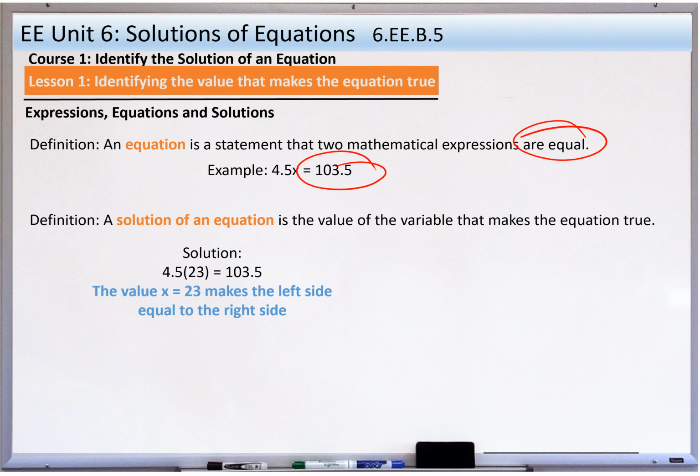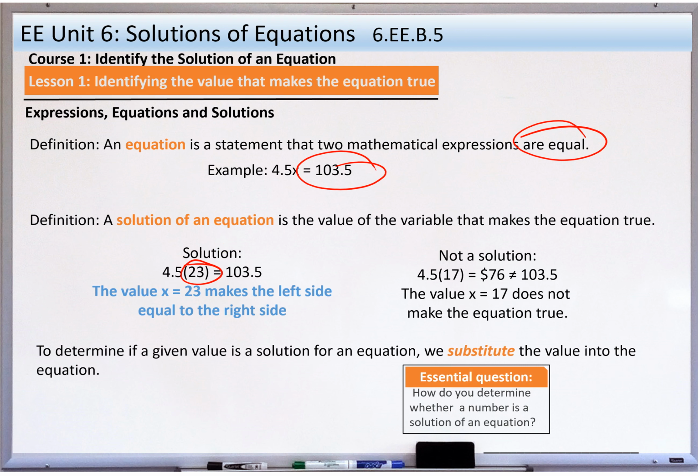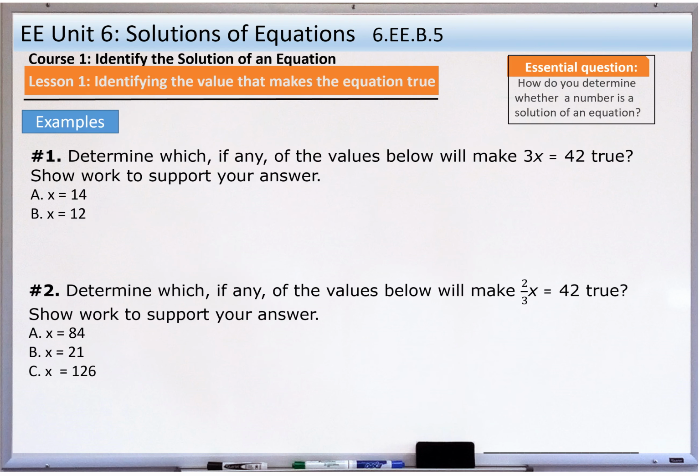So again, in this case, 23 was our solution. 17 was not. As a matter of fact, 23 is the only solution to this problem. To determine if a given value is a solution of an equation, we substitute the value in the equation, do the calculation, and see if the left side equals the right side, or in other words, is it true for that value?